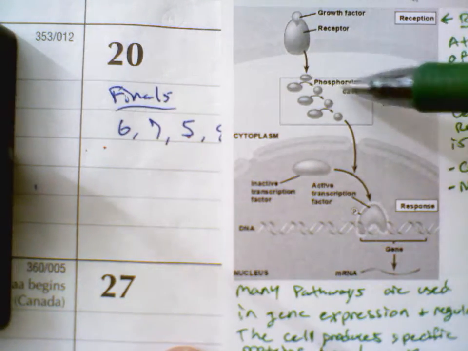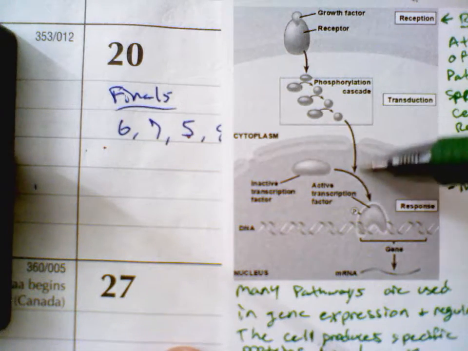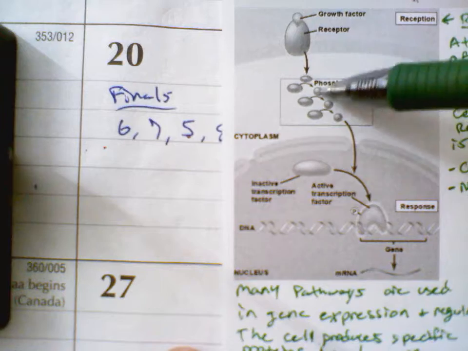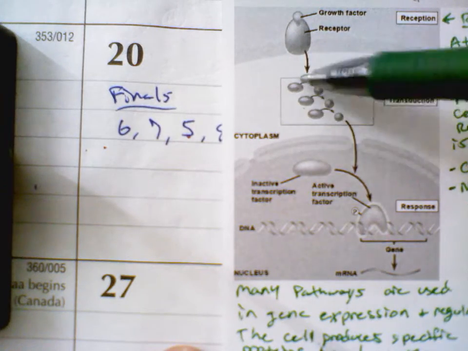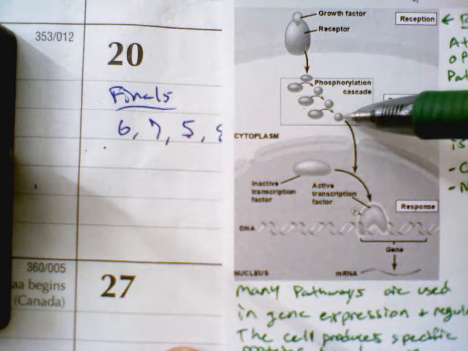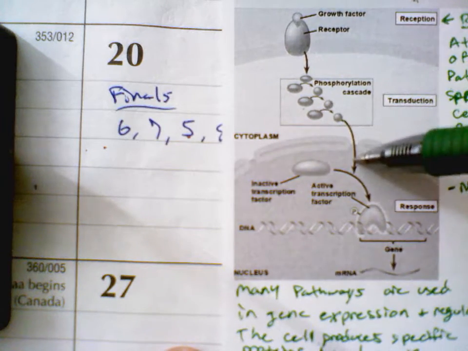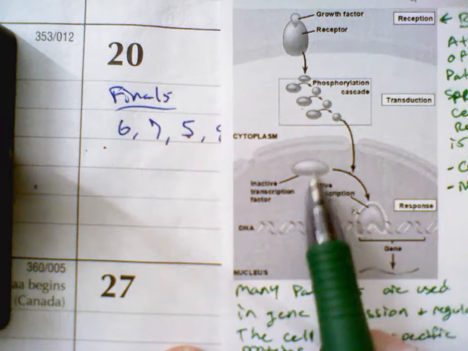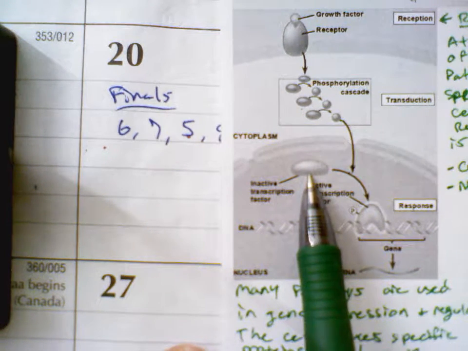Then our transduction pathway here is going to be a phosphorylation cascade, which we just talked about how that occurs up here. So we're going to have kinases transferring phosphate groups to each other. And then finally, that's going to end with some sort of activated protein entering the nucleus from the cytoplasm, and it's going to be activating a protein called a transcription factor.